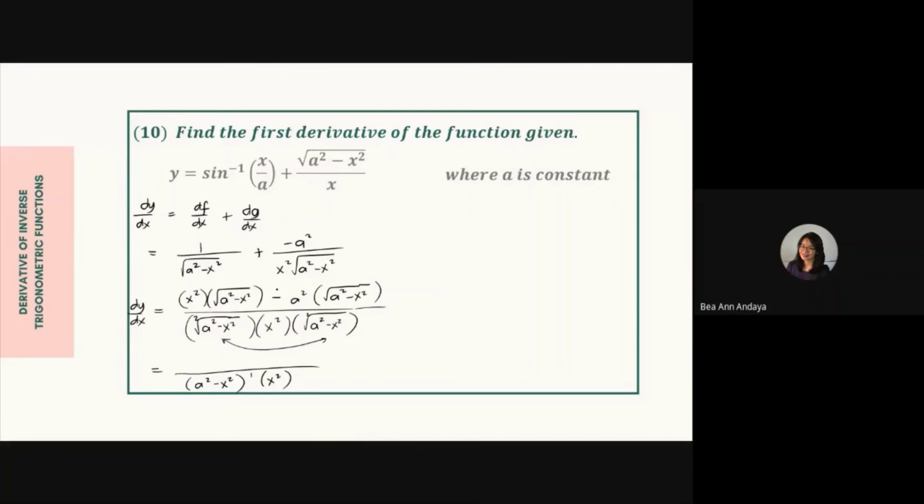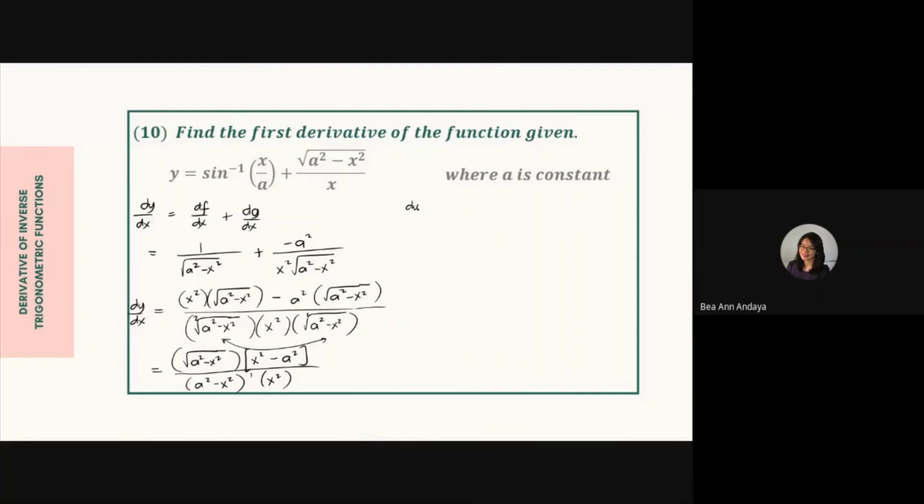Sa numerator, we have common terms. Pwede natin i-factor out itong square root of a squared minus x squared. If you have factored this out, pwede nating makuha yung x squared dito, tapos dito naman, negative a squared. So, this is not yet the final answer kasi meron pa akong nakikita dyan na pwede pang ma-simplify.